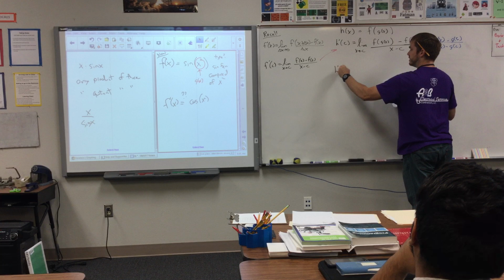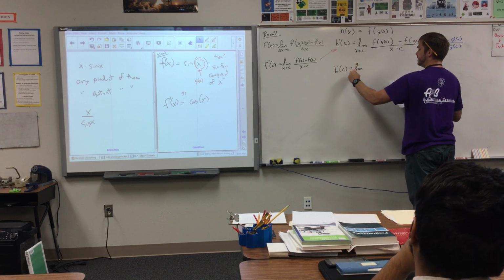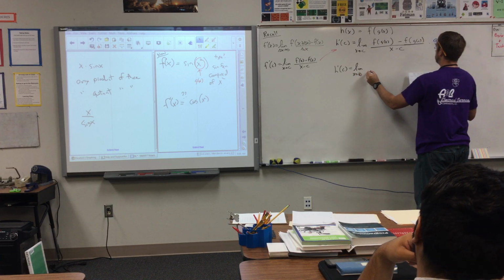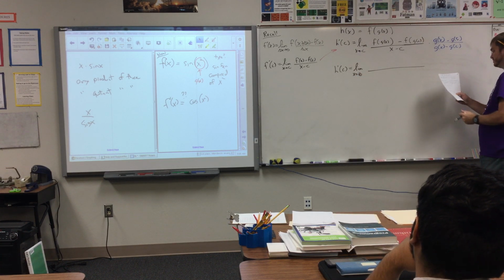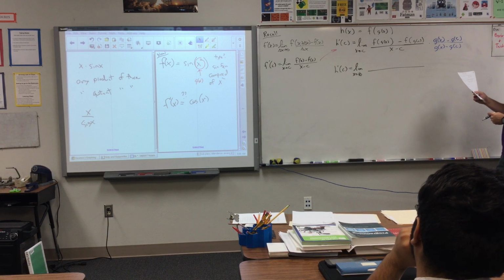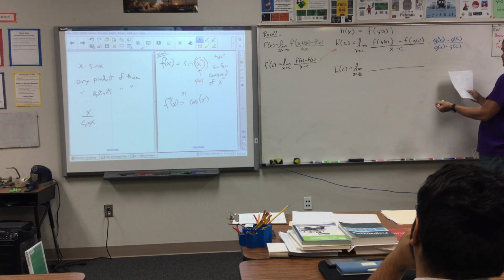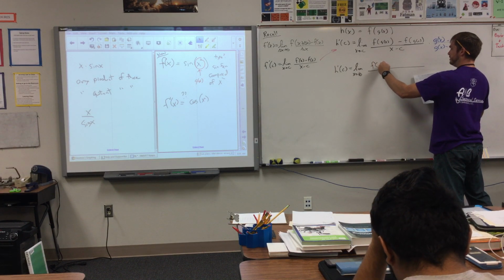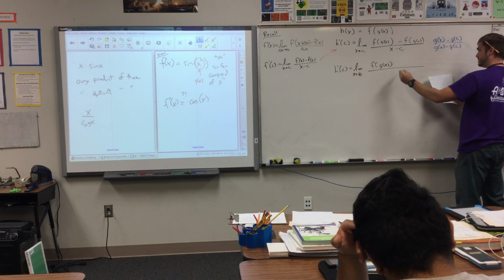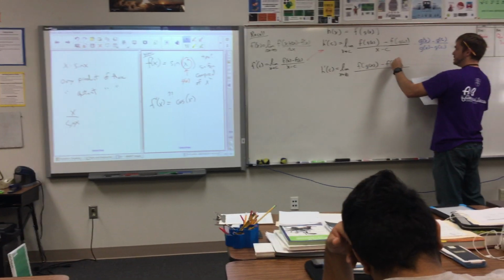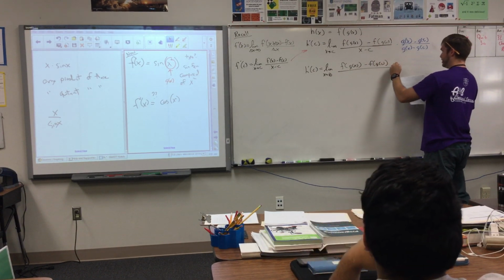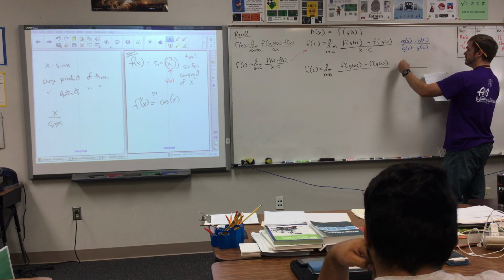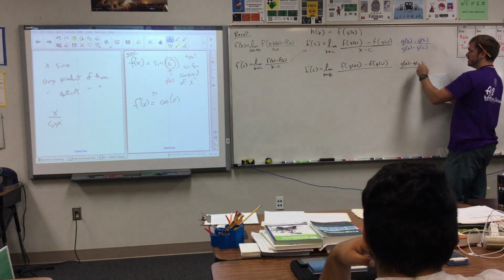So now I have h prime evaluated at c is equal to the limit as x approaches c of, and for the most part I'm going to keep this numerator as is, f composed of g of x minus f composed of g of c, times, I'm going to keep this the same, g of x minus g of c.